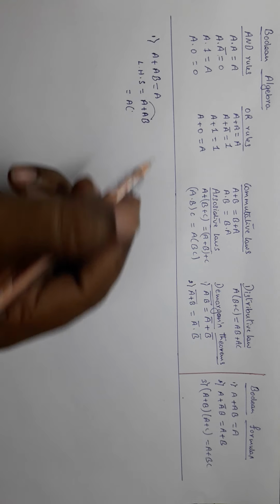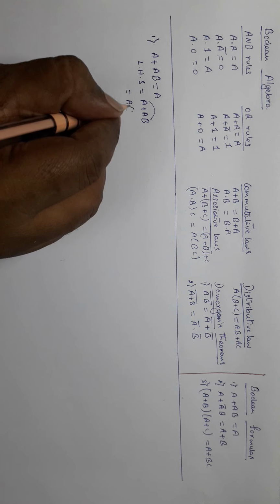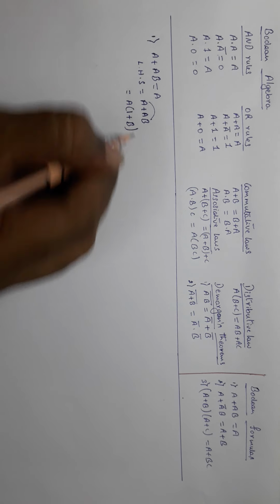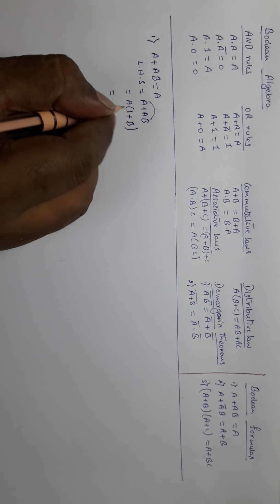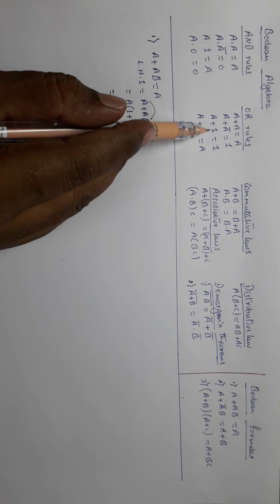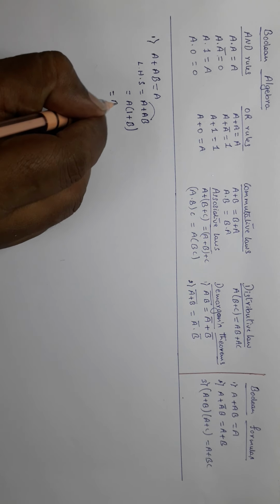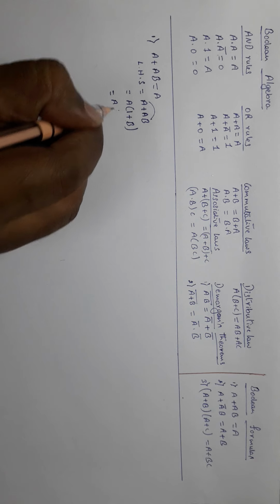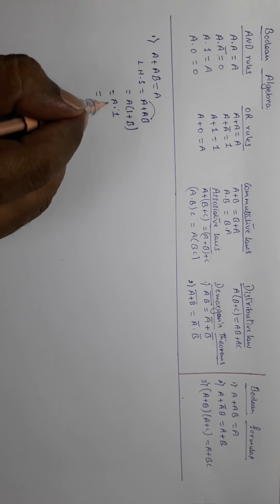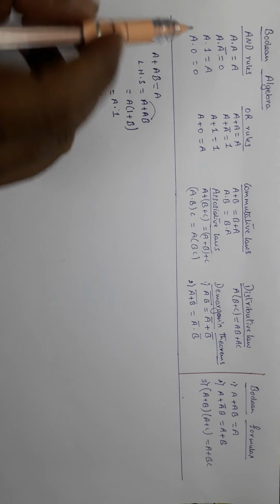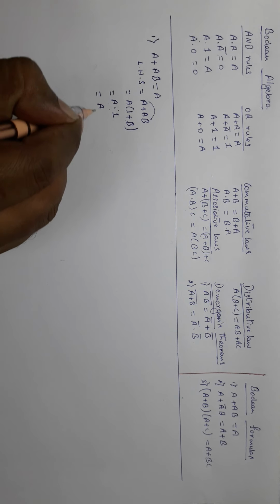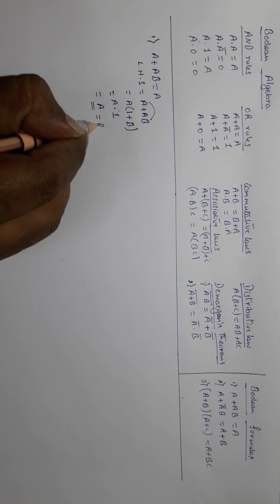A into 1 plus B. You know the formula, 1 plus B equals 1. That means A into 1. You know the AND rules, A into 1 equals A. This equals RHS.